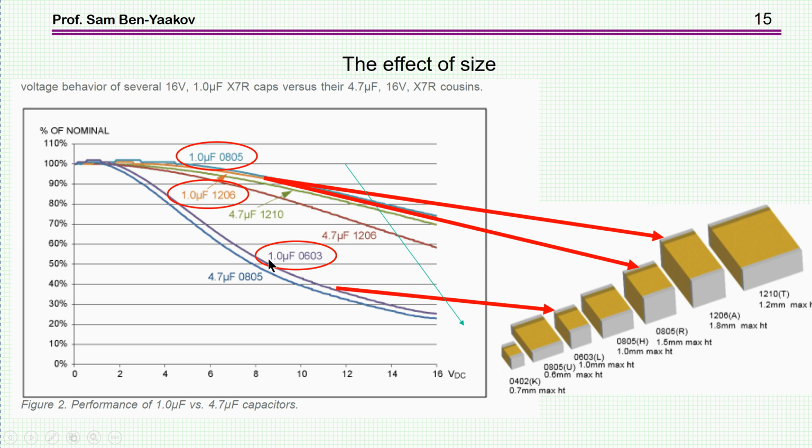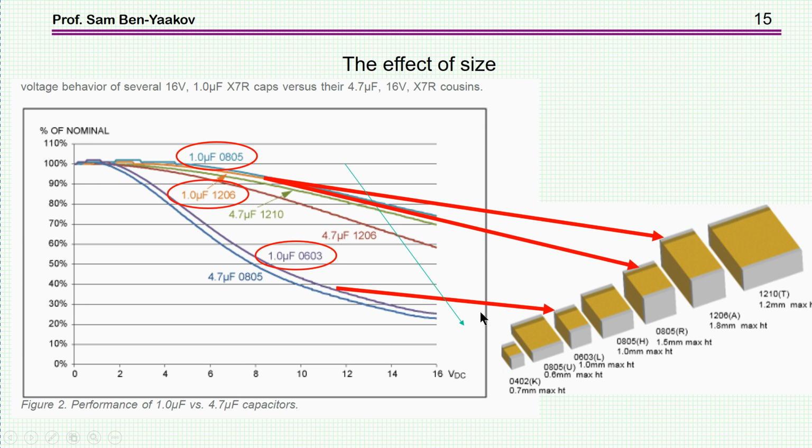But then we have another 1 microfarad capacitor, but of much smaller size, 0603. And lo and behold, you see that although the material is the same, capacitance is the same, voltage is the same, this particular capacitor, which is the larger size, changes very little, much less than this particular one, which is the smaller size. Now, the reason is that to get a smaller size, you need to pack the material.